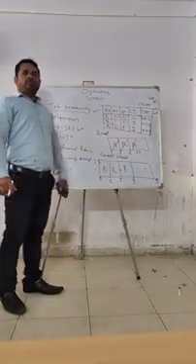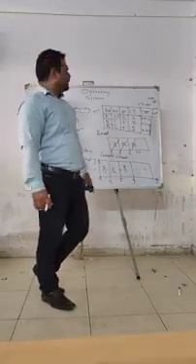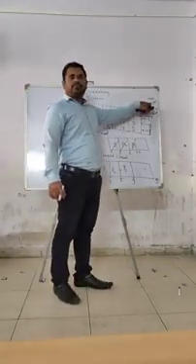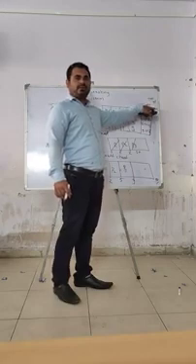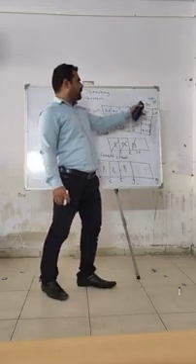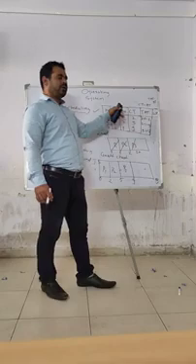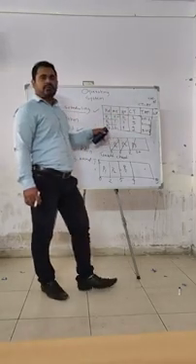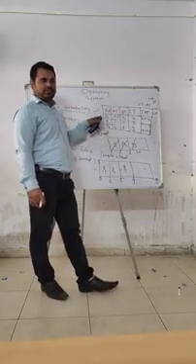Now we will calculate the waiting time. To calculate the waiting time, we have the formula: turnaround time minus burst time. We have already calculated turnaround time and we are given burst time in this problem. First of all, we will calculate the waiting time of process P1.